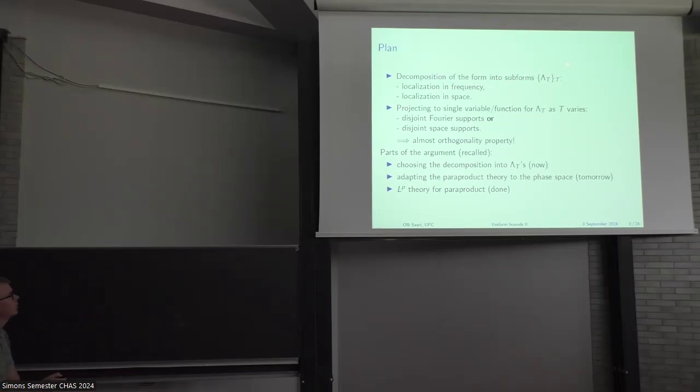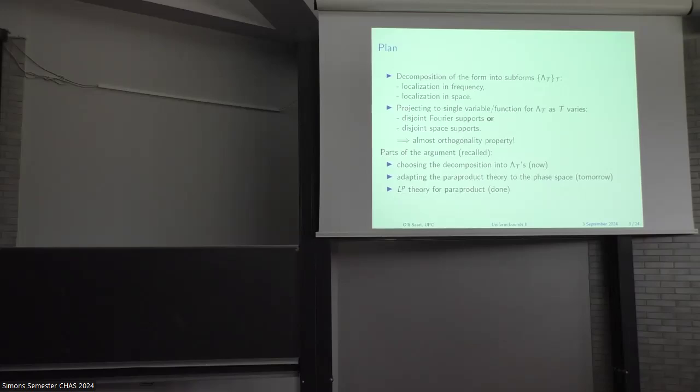So we would like to decompose the form into subforms, and these subforms are supposed to have localization in frequency, but also localization in space. And this additional information of having localization in space is the key that allows us to do more tricks beyond what we did with the Coifman-Meyer.